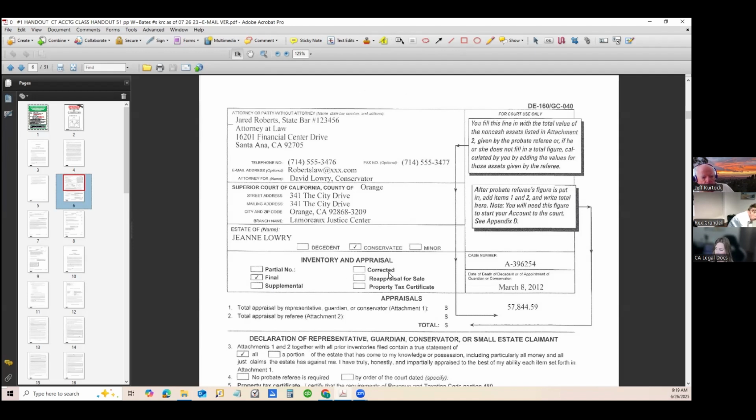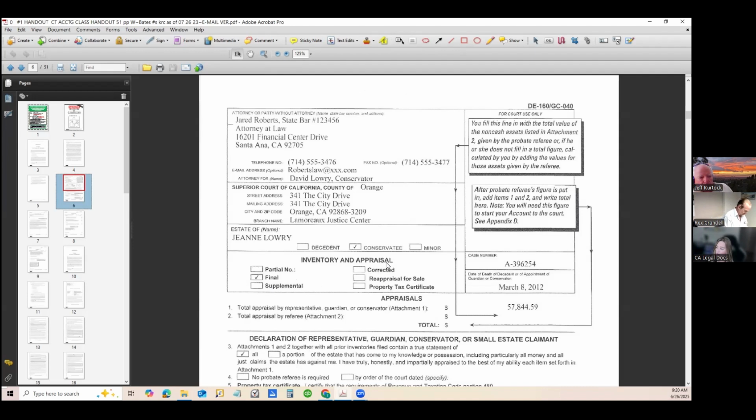A corrected is if a client or someone has turned in a final or a partial and something on it was inaccurate, like the dollar figure, because the next thing I'll do is match the bank statements, and I'll get through that as I go to the second page.